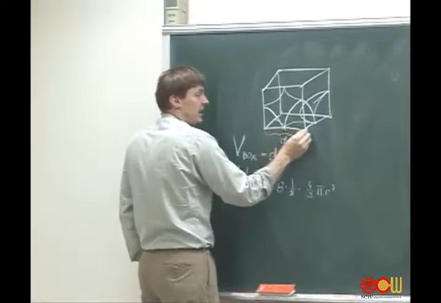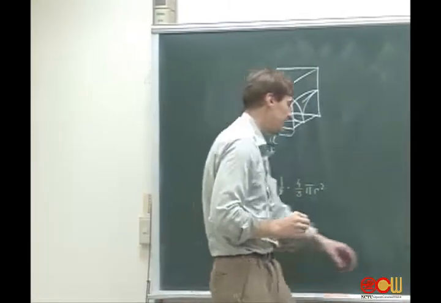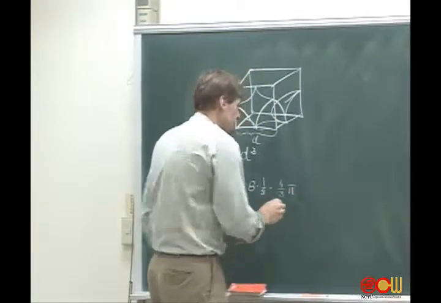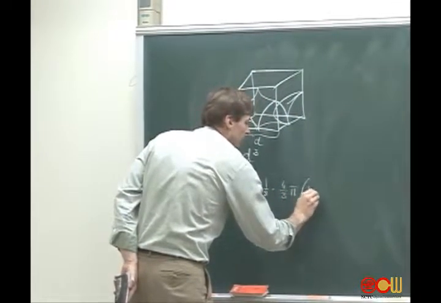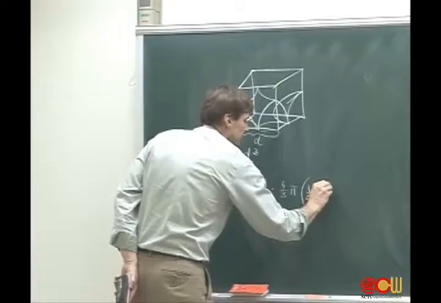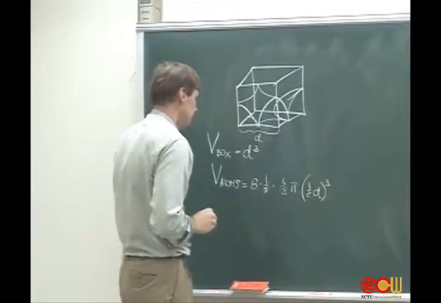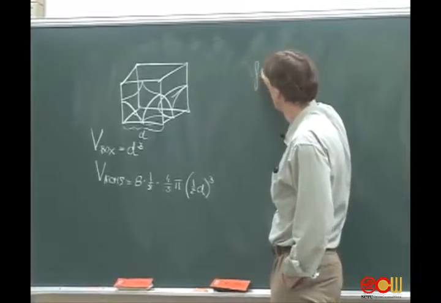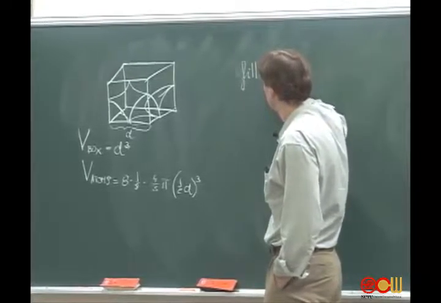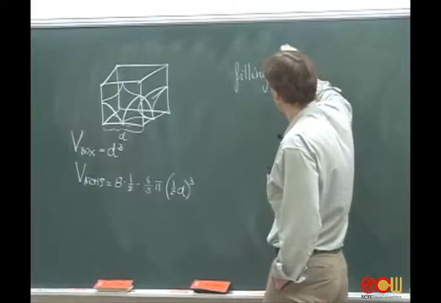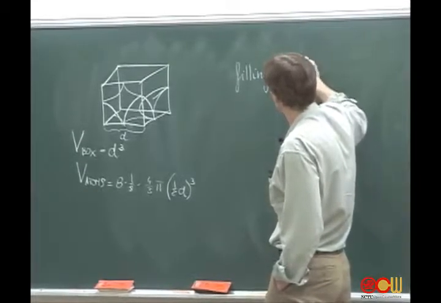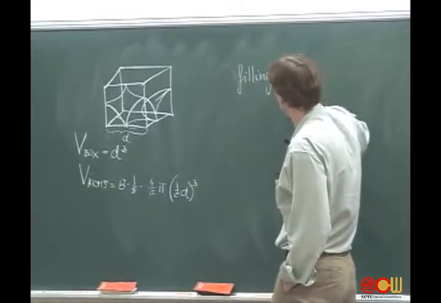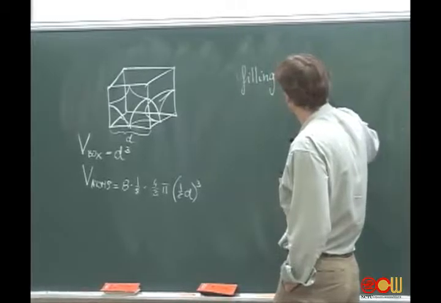But I see that r of my ball is nothing else than 1/2 of d. So now the filling is nothing else than V atoms divided by the V box.